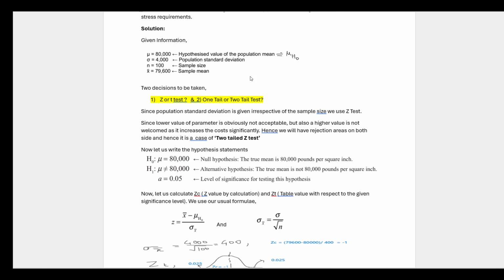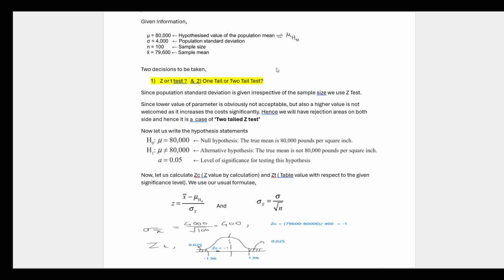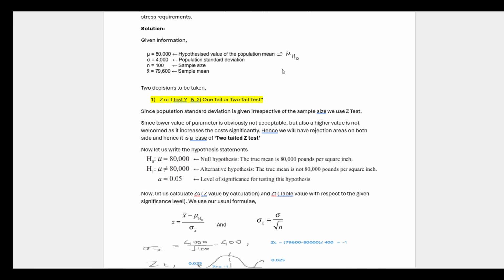So we are going to now first take two decisions. First, whether we are going to use Z test or T test, and second, whether it is one tail or two tail test. So always in hypothesis testing, first we have to answer these two questions, right?